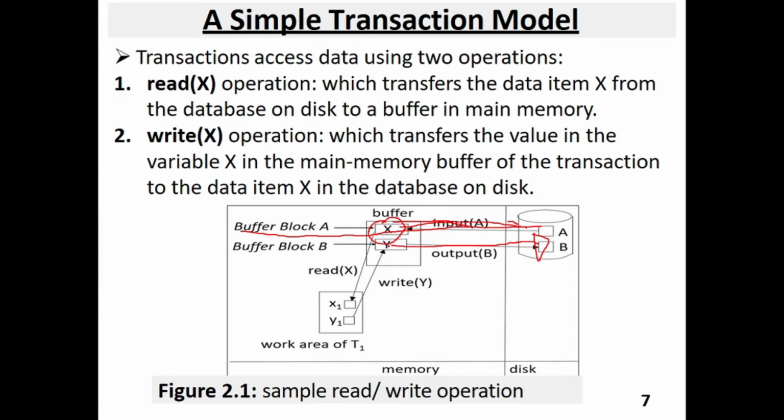So X1 and Y1 read from X1 writes Y because it stores data or repositories or writes data to database under Y, and the other is forward to the database, and this is backward to the display screen of the user. So this is how sample transaction model looks like.